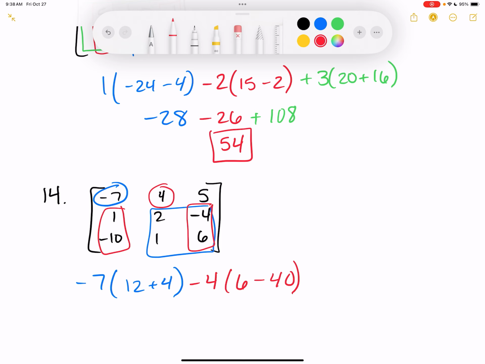So it always follows, like this will always be positive, this will always be negative, this will always be positive. If the number happens to make it something different, that doesn't matter. That's fine, but we have to keep that pattern all the way across, or your answer will end up being wrong. Oh gosh. So then plus 5 times the determinant of this.